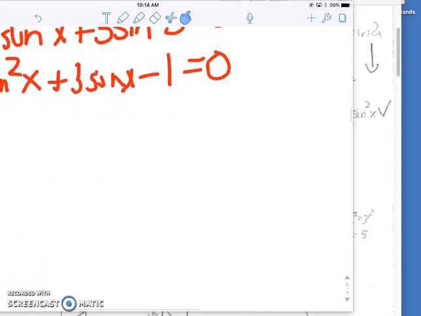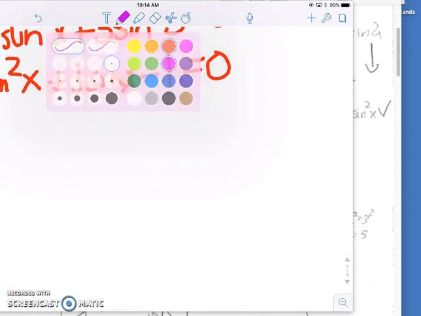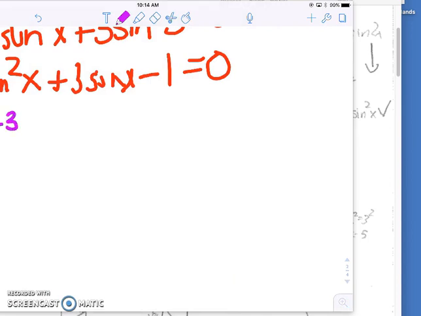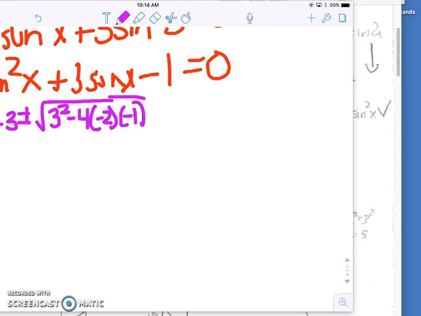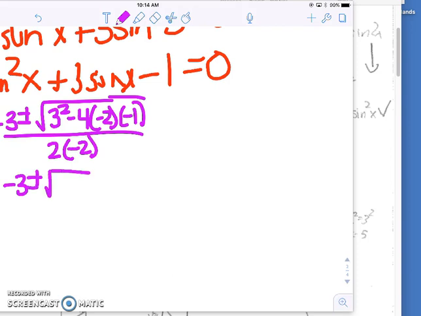If we were to do the quadratic formula on this, we have the opposite of b plus or minus the square root b squared minus 4ac all over 2a. So we have -3 plus or minus the square root of 9 minus 8, 1 over -4.